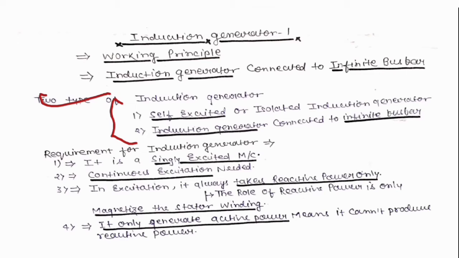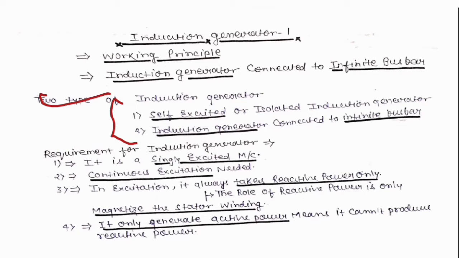That means no external system is connected to fulfill the requirement of reactive power, which is needed for the rotating magnetic field in the stator winding. By this arrangement we differentiate two types of induction generator: isolated induction generator and induction generator connected to infinite bus bar.